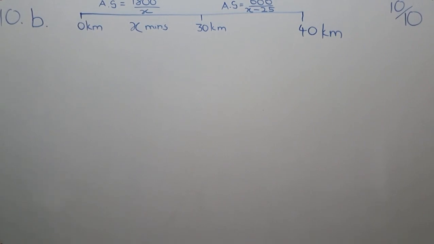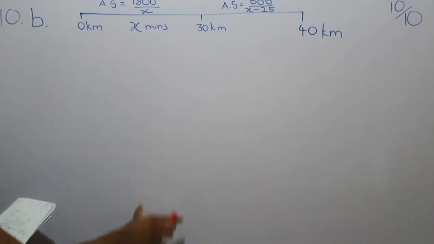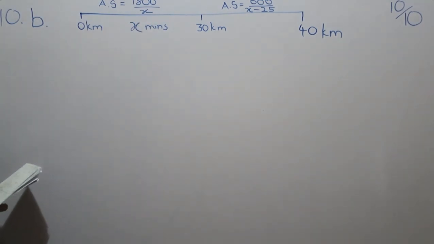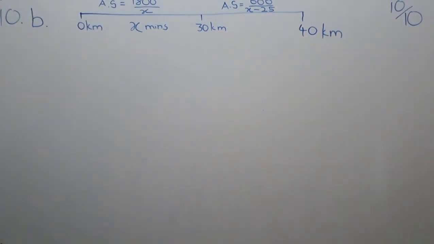Now this statement is really important: her average speed for the first 30 kilometers of the journey is 8 kilometers per hour slower than her average speed for the final 10 kilometers. So what they mean is, for the first 30, her average speed is 8 less than her average speed for the second 10 kilometers.